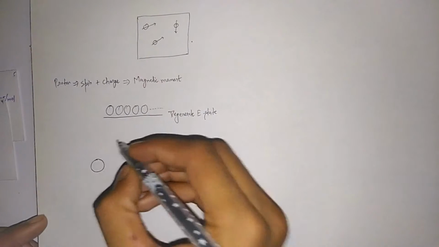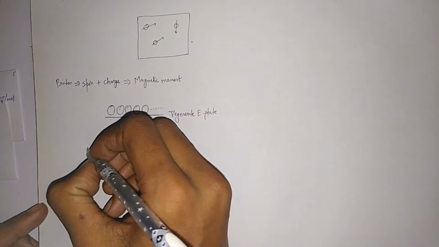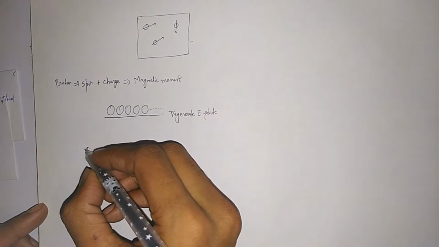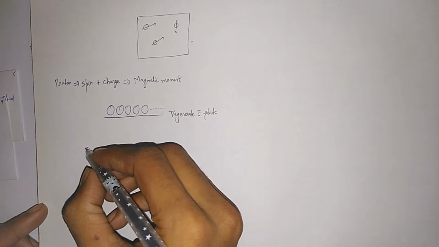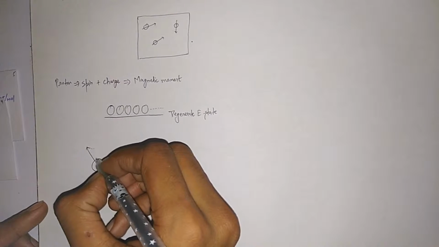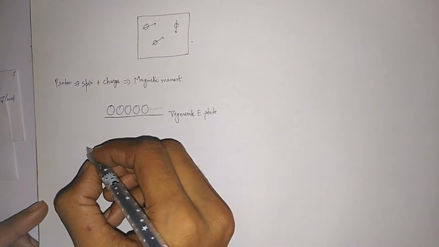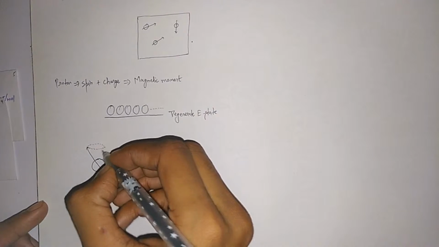Initially this is the direction of the net magnetic moment of the proton, and at another time this is the direction, so the direction of the net magnetic moment is continuously changing.